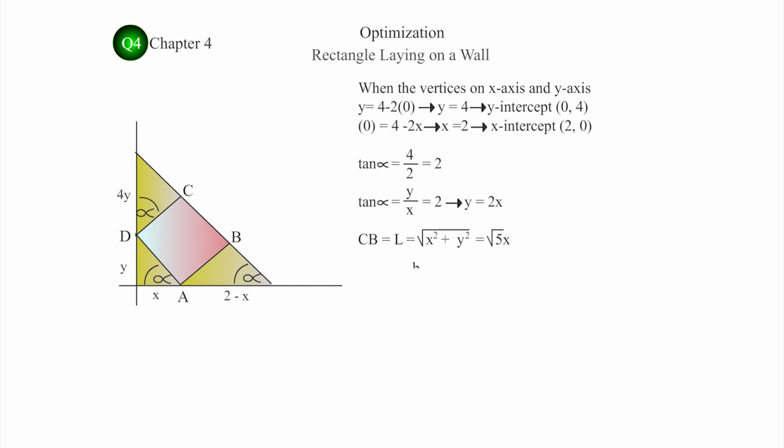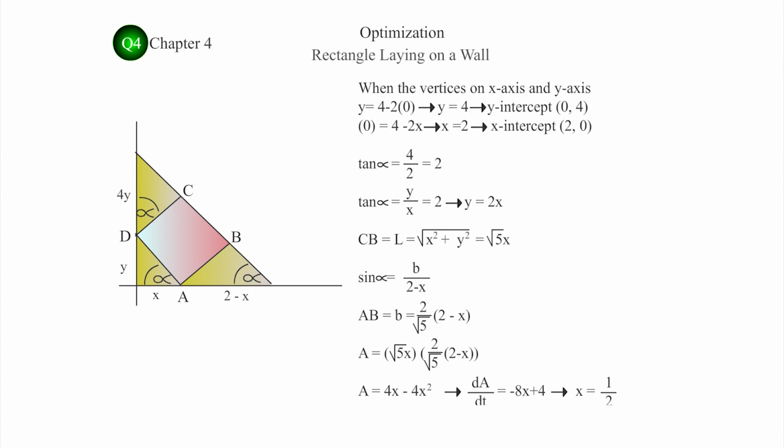Therefore, the sine of angle alpha is equal to b over 2x. So, side AB is equal to b, which is then equal to 2 over the square root of 5 times 2 minus x. After simplifying, we find that our relation equation is A equals 4x minus 4x squared.